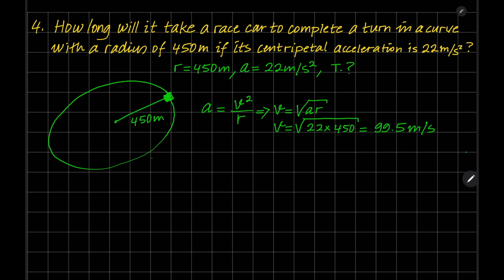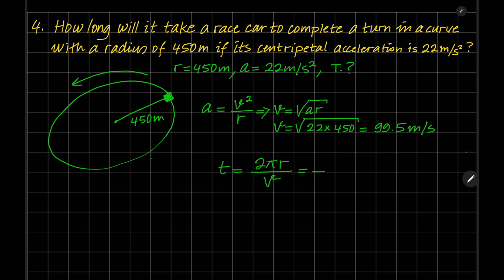Therefore, the time t to go around the circle is 2 pi r over velocity.